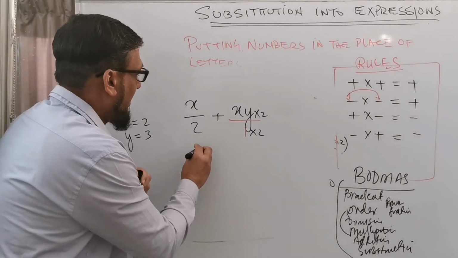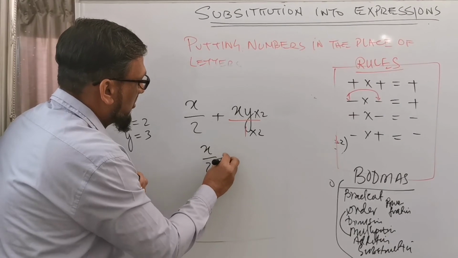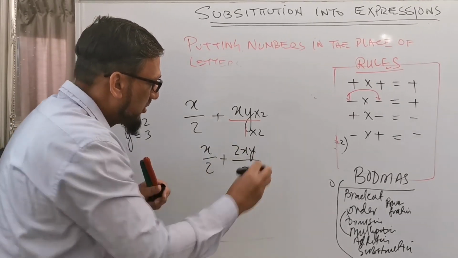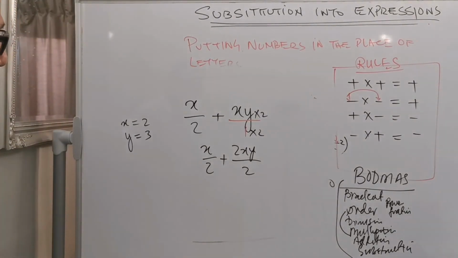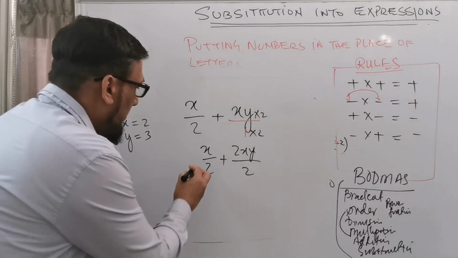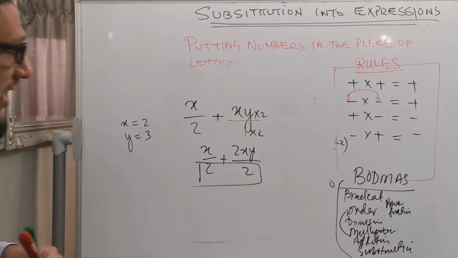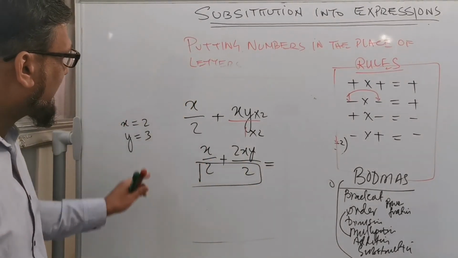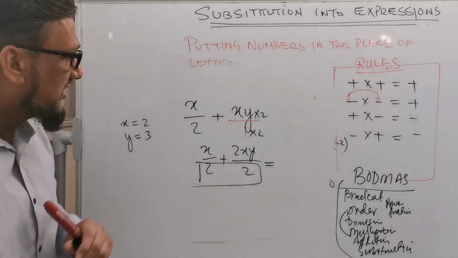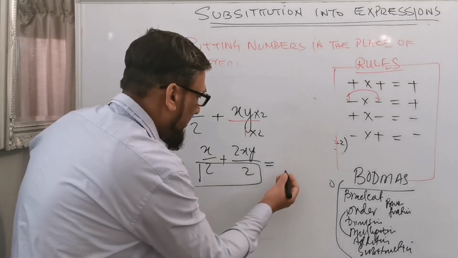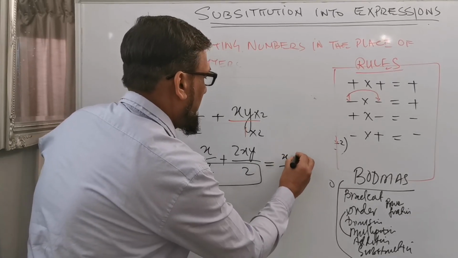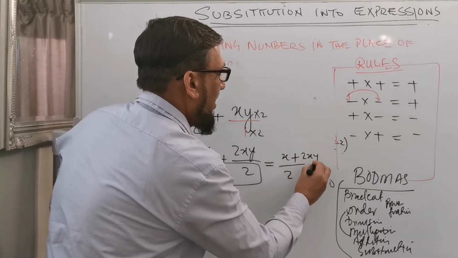So now the expression becomes x plus 2xy over 2. Now the denominators are the same, and you can substitute the values of x and y. Our final expression is 2x plus 2xy.